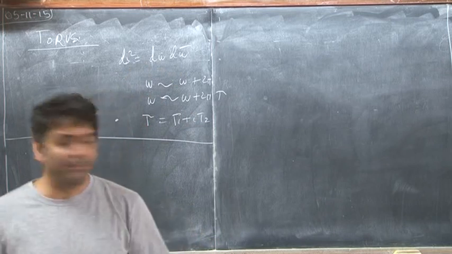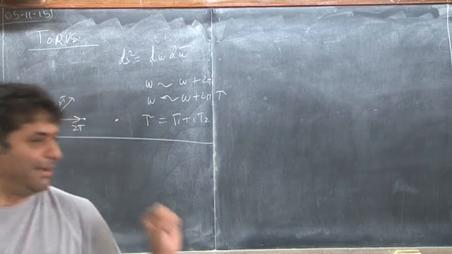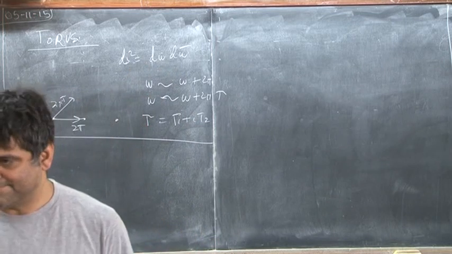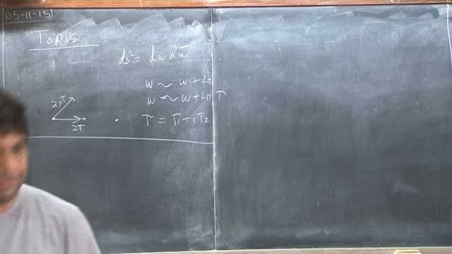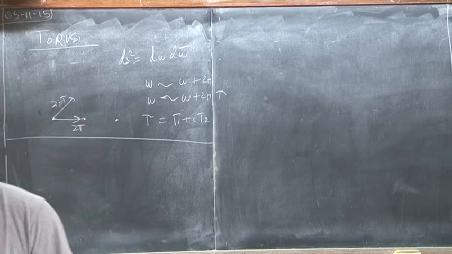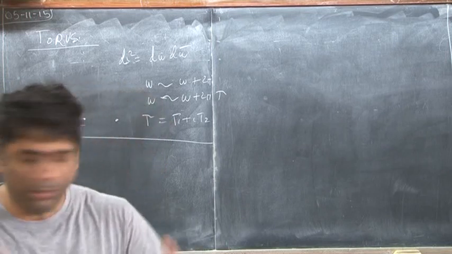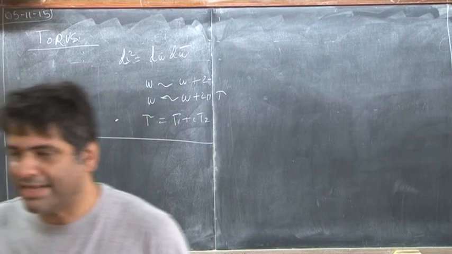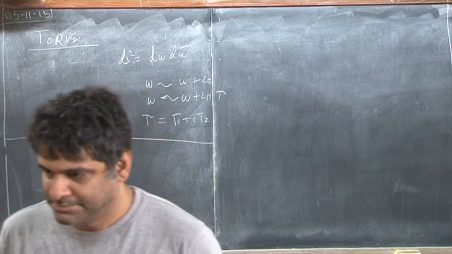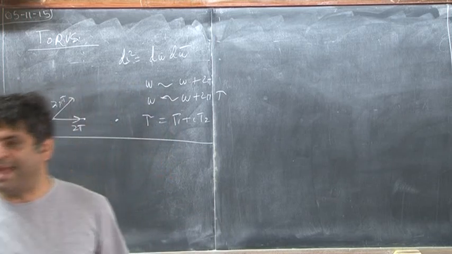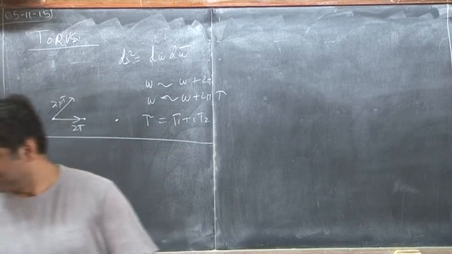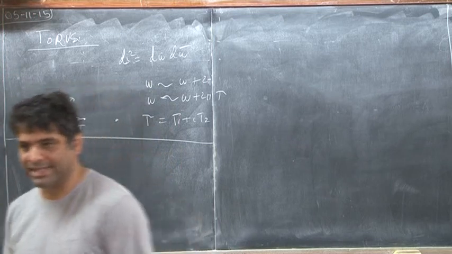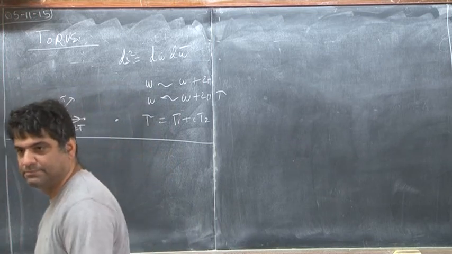It's dw dw bar, but that's a fake, because one set of w's runs over a certain region and the other set of w's runs over a different region. To be able to compare the two metrics, we have to move to coordinates where both run over the same region. Then we can compare the metrics. We want to be on the same manifold.